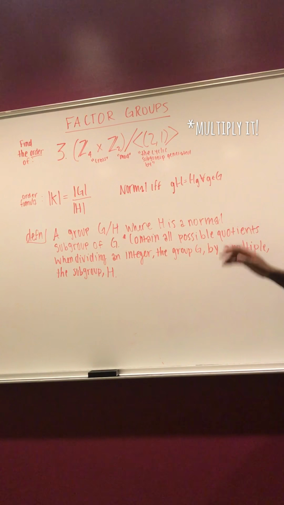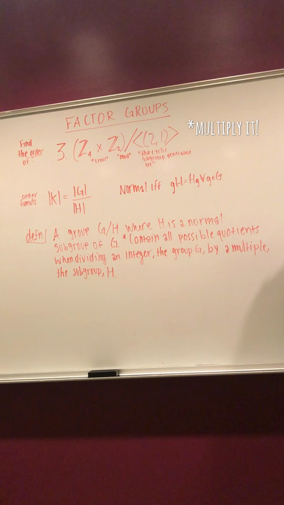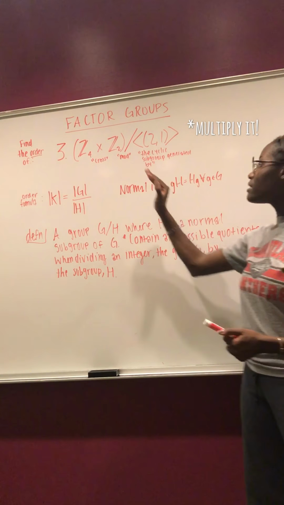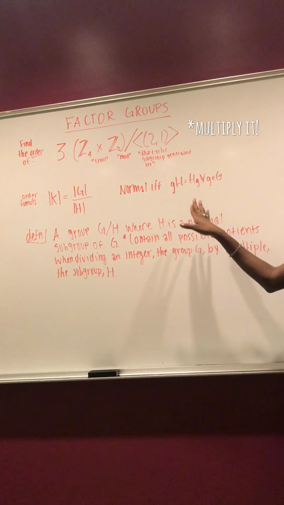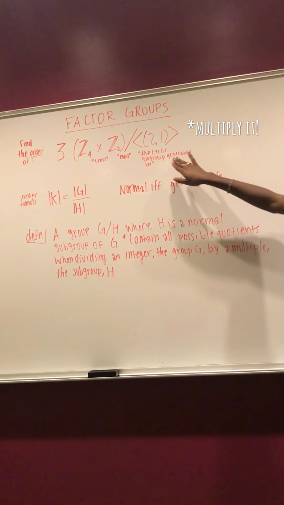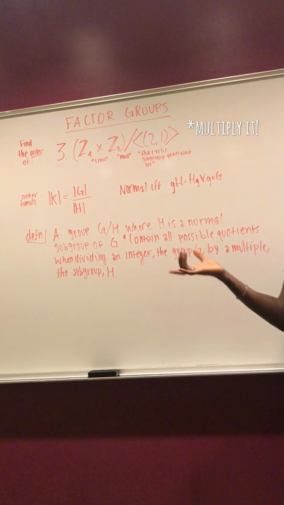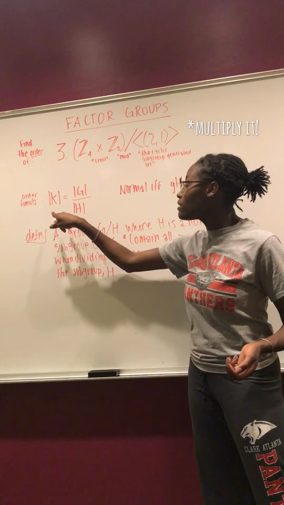And looking here, I put in quotations the way that we read this, because when I first started trying to solve this problem, I didn't even know what it was that I needed to say. So we have Z4 cross Z2 mod the cyclic subgroup generated by, insert numbers or insert anything, because you can have things other than just a simple expression in parentheses. So this is a formula for finding the order.